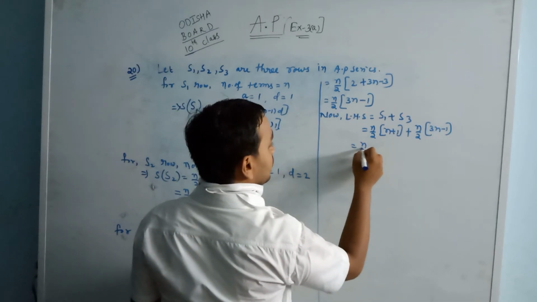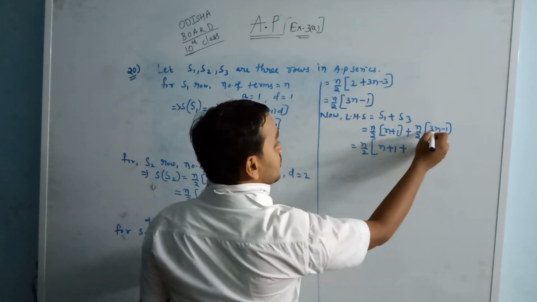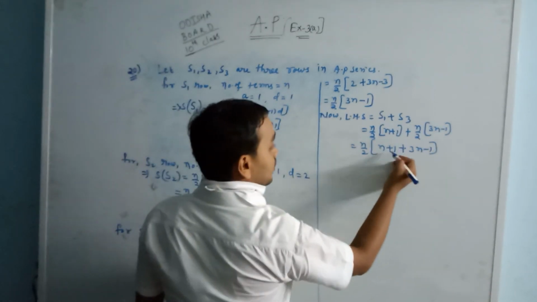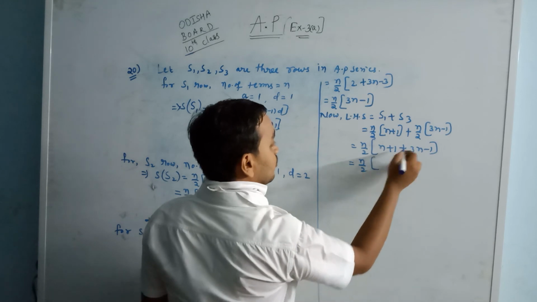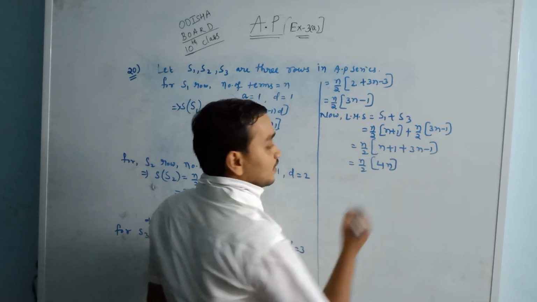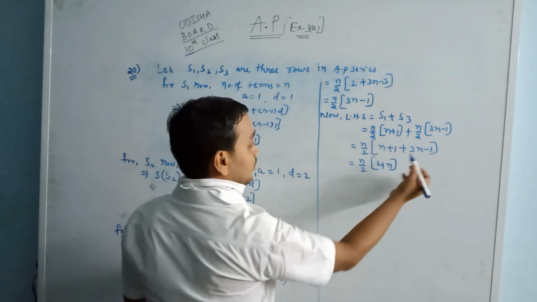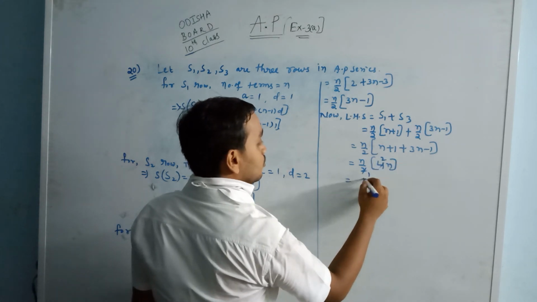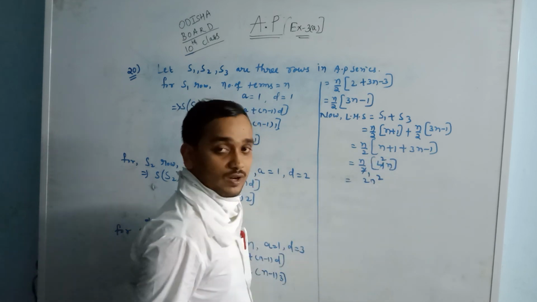Take n by 2 common: n plus 1 plus 3n minus 1. Plus 1 minus 1 will be cancelled. n by 2, 3n plus n is 4n, so 4n multiplied by n by 2 gives 2n square.